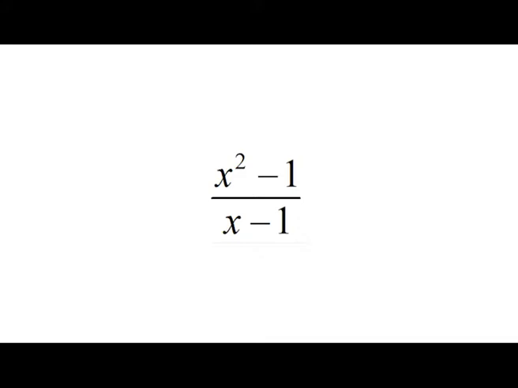At every other real number x, there is a real number having the value x square minus 1 upon x minus 1, and it is the value of the function g at that point. Hence, the domain of the given function is R minus set 1, that is, the set of real numbers except 1.